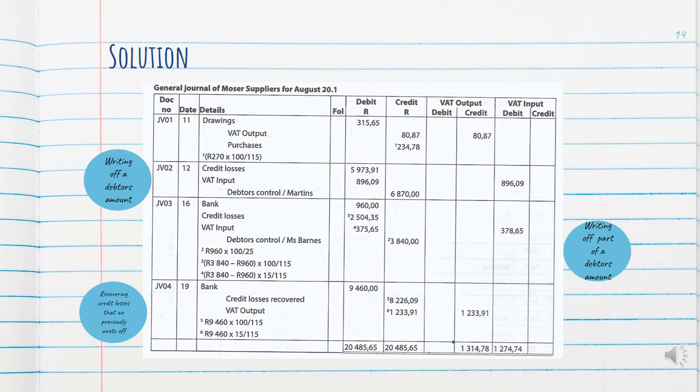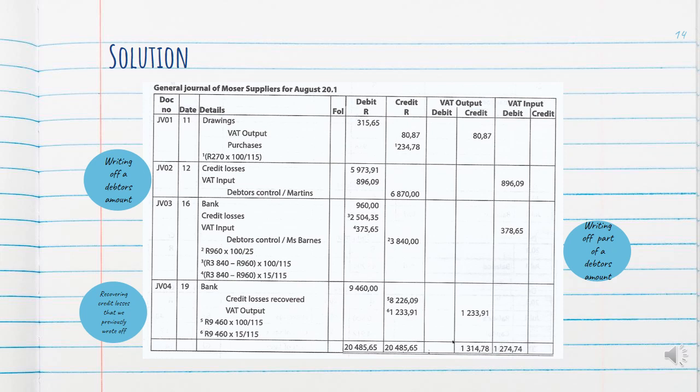If we write off part of our creditor's amount and we still receive a piece of it as well, there is how we account for that. I've also just said they're writing off part of a debtor's amount. And then the last transaction on the 19th was credit losses recovered, and that is how you account for VAT when you're recovering credit losses that you previously wrote off.